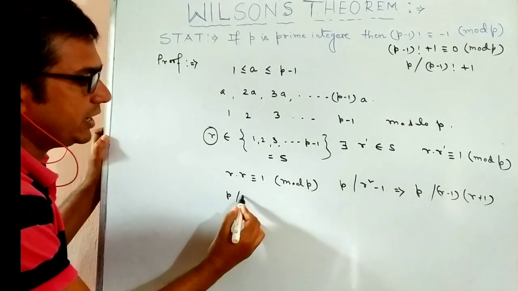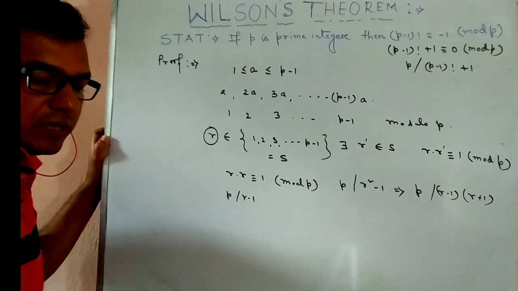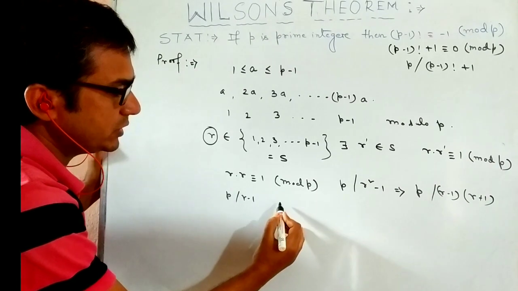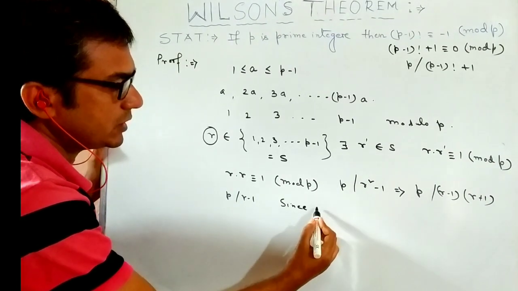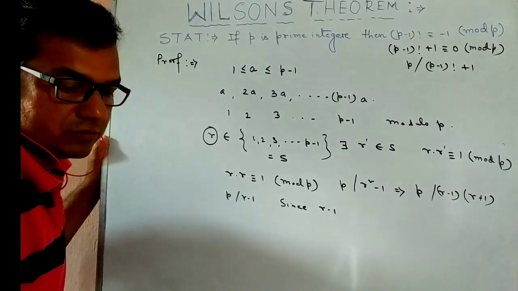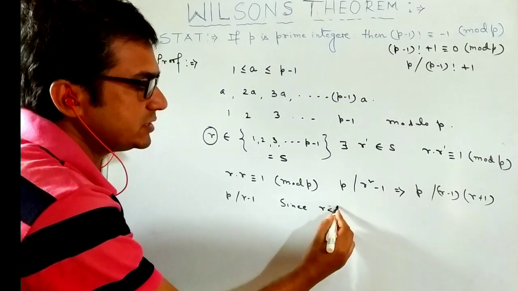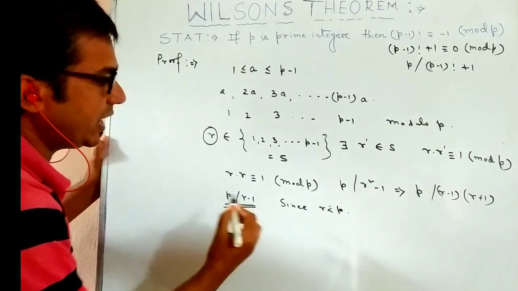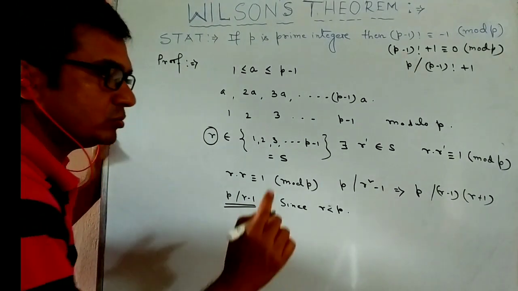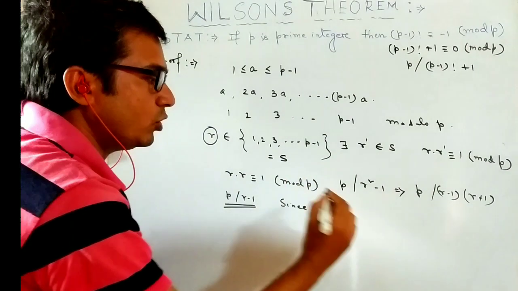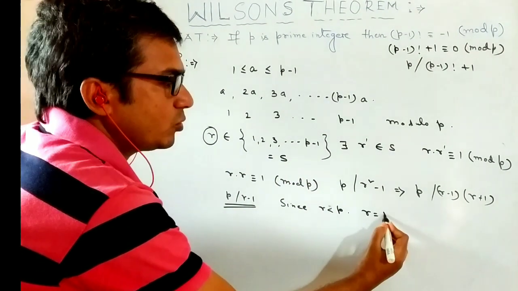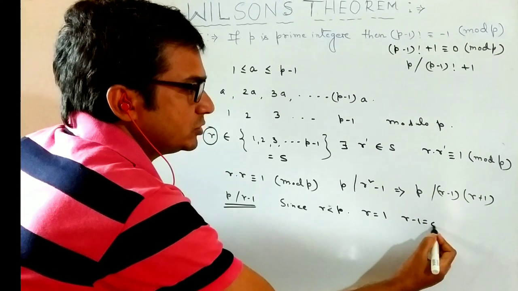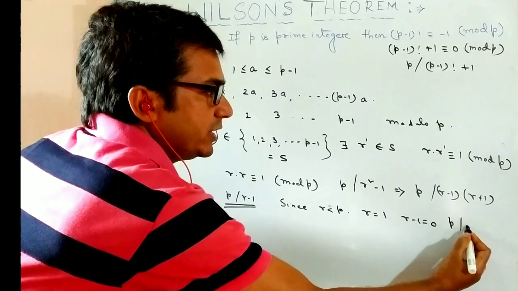If p divides r minus 1, since r is less than p, this only holds when r equals 1, that is r minus 1 equals 0, and p divides 0.